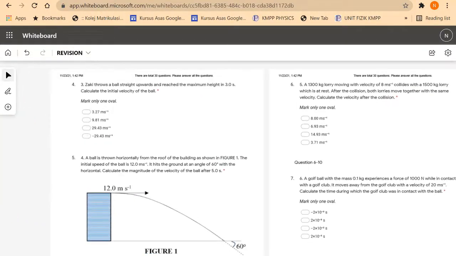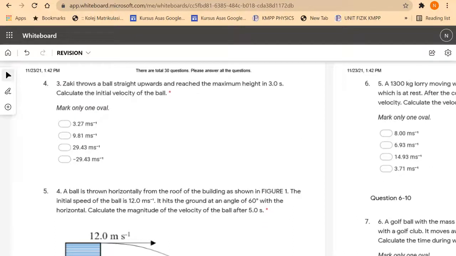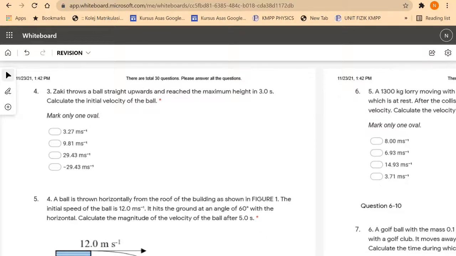And then number 3. Zaki throws a ball straight upward and it reaches maximum height in 3 seconds. So this is the ground level, and this is the ball.